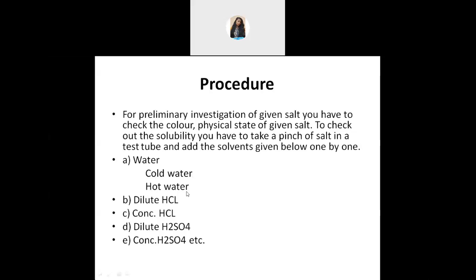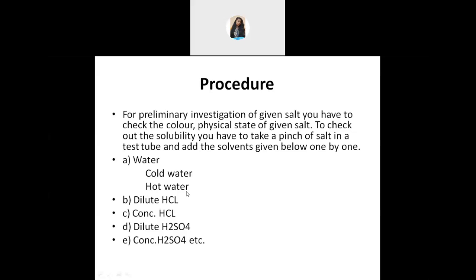Next, hot water. Next, if it is not dissolving, then add dilute HCl. Means you have to take another test tube and add salt, then add dilute HCl. Got it? Not in the same test tube which was used for water.